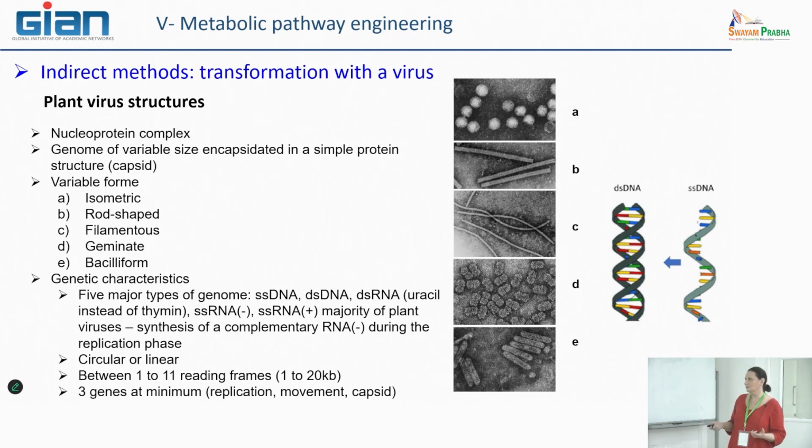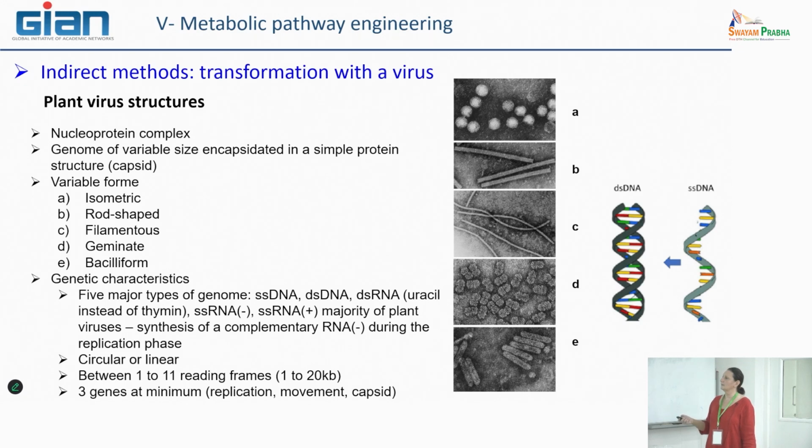And this is very interesting because you can manage different ways in the cell to reproduce these normal genomic molecules, or this particular single strand DNA or RNA, when the infection occurs. So this is interesting because both of these types of virus have been found to have interest for biotechnological applications to manage plant cell transformation.